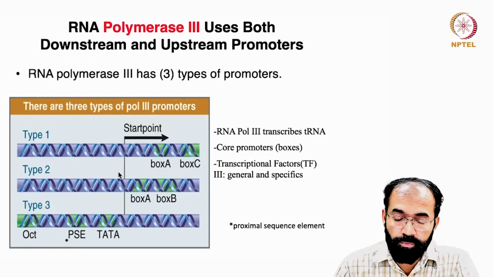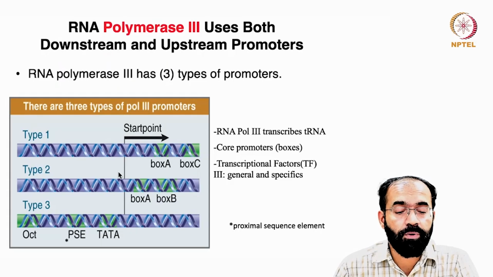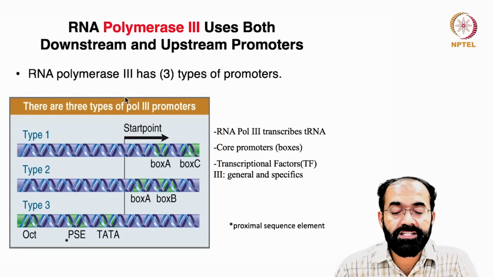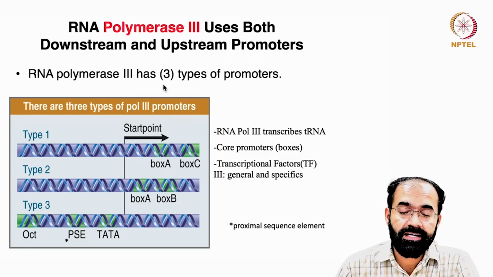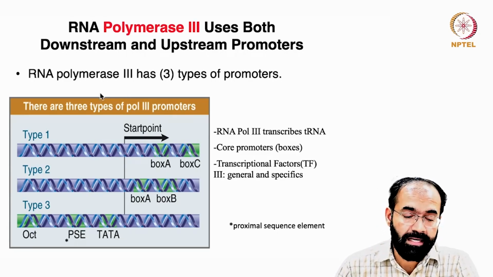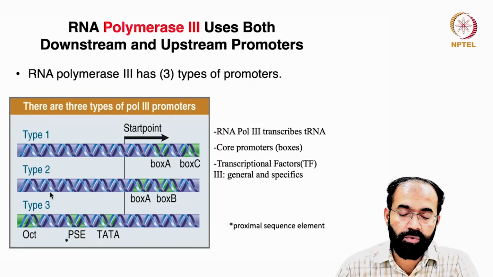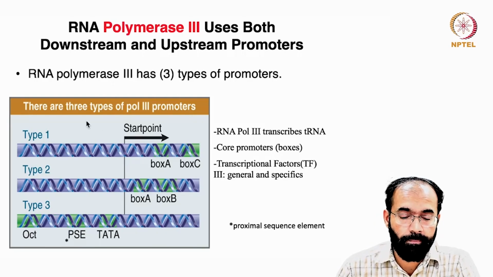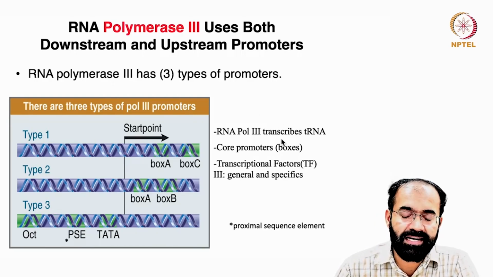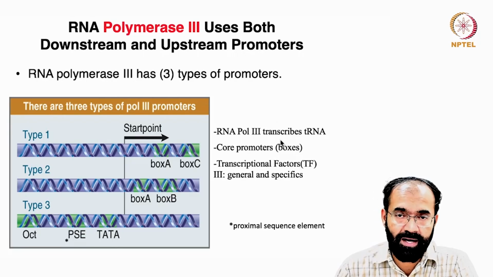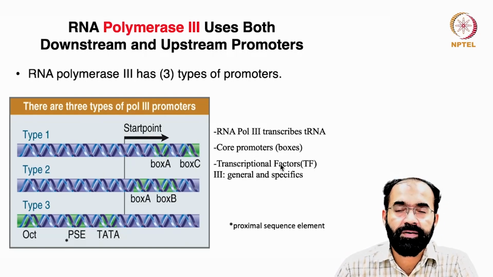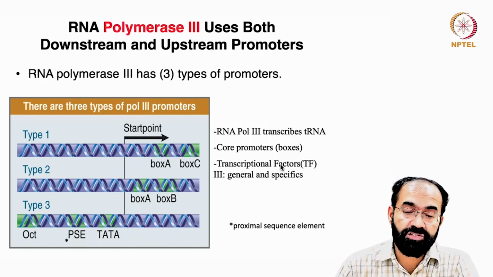Now if you look into polymerase 3, it uses both downstream and upstream promoter sequences, and polymerase 3 has 3 different types of promoters, like you can see type 1, type 2 and type 3. It is rather simple compared to the polymerase 2 promoter. RNA polymerase 3 transcribes predominantly transfer RNA and also 5S ribosomal RNA, and the core promoter elements are seen with different names called boxes.